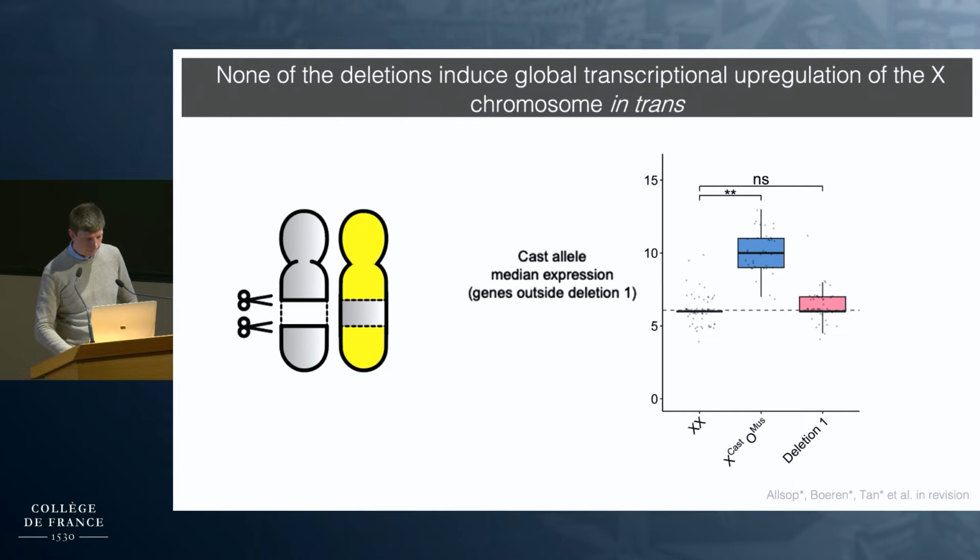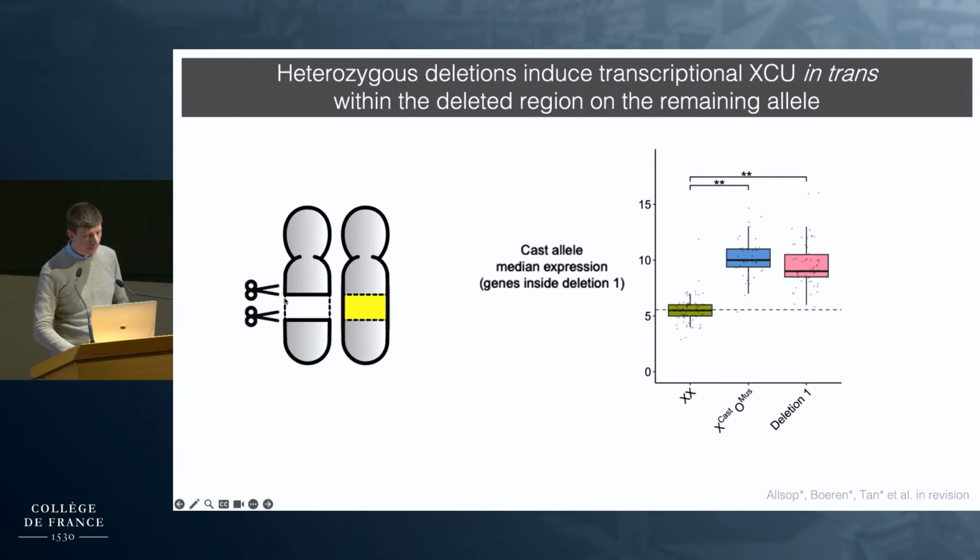and we had similar results for all the lines that we examined. However, when we delete one large fragment on one of the two active X chromosomes in mouse ESCs and then examine gene expression within the deleted region in the opposite allele, then we see significant upregulation. We obtained similar results for many deletions.